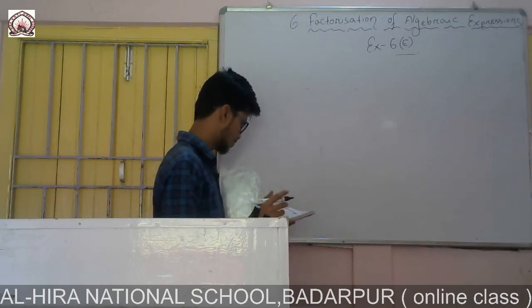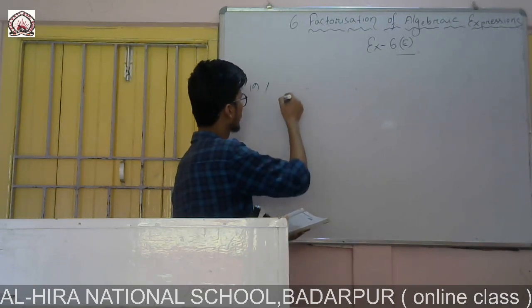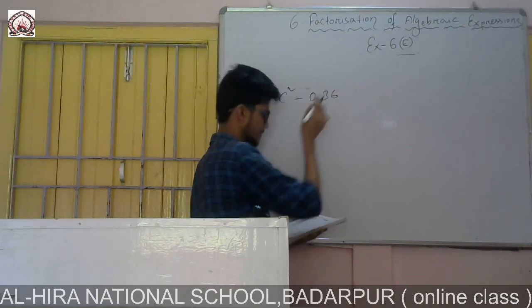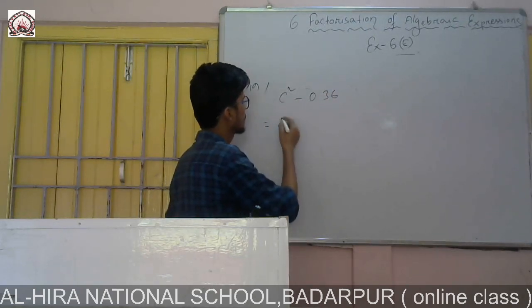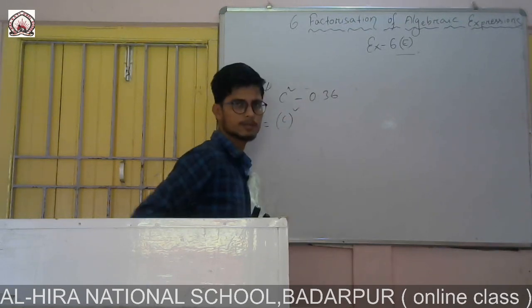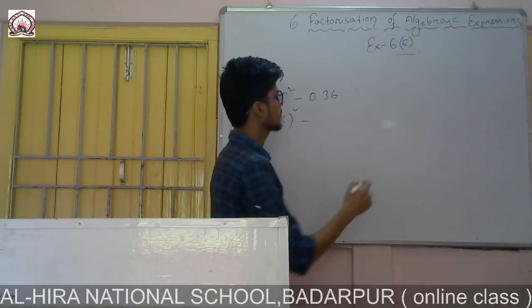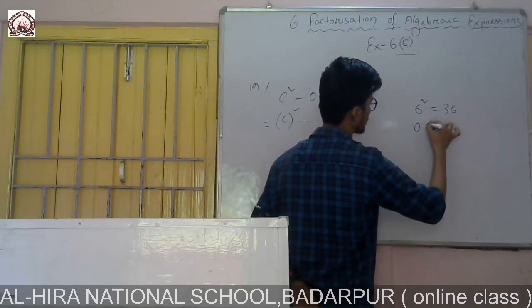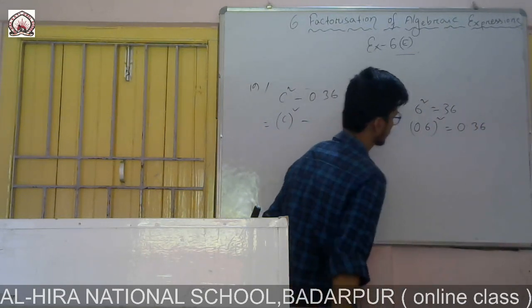Now let's do question number 19. c square minus 0.36. So c square I can write as c whole square minus 36. 6 square is equal to 36, that means 0.6 square will be 0.36.